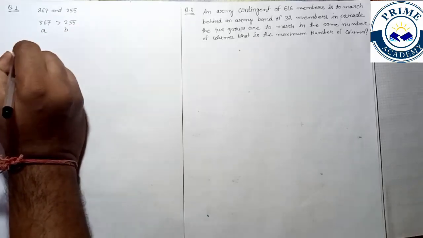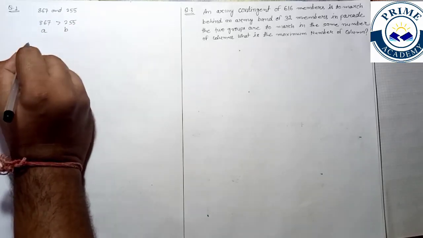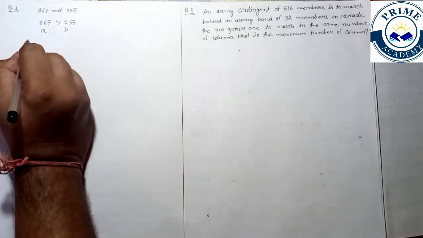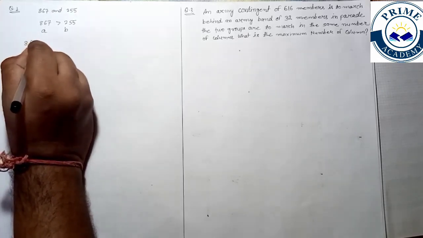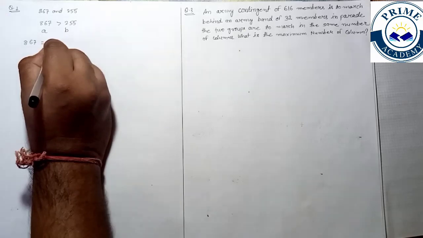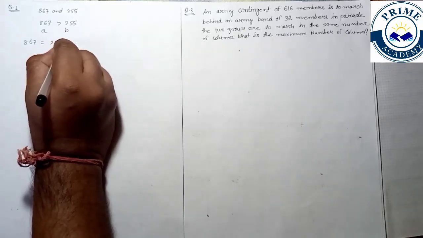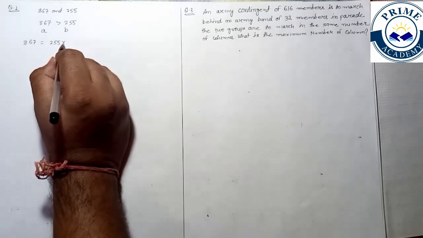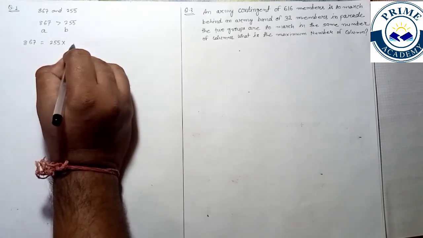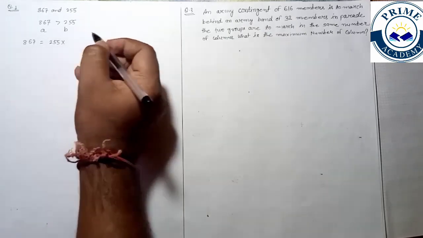So can I write the Euclid division lemma accordingly? 867 equals 255 into what number should I take here to divide it, and the remainder I should write here.